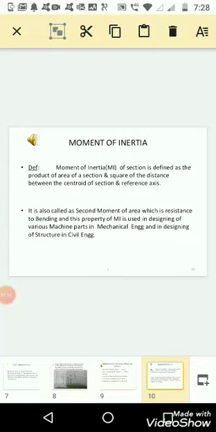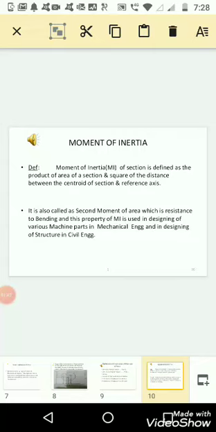Mathematically, M is equal to F into d, where M is moment, F is force, and d is the perpendicular distance. So basically, it is a moment which is being produced because of external loading on a beam. I repeat, moment which is being produced because of external loading on a beam.